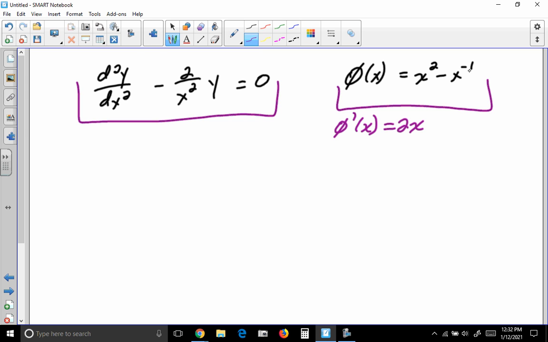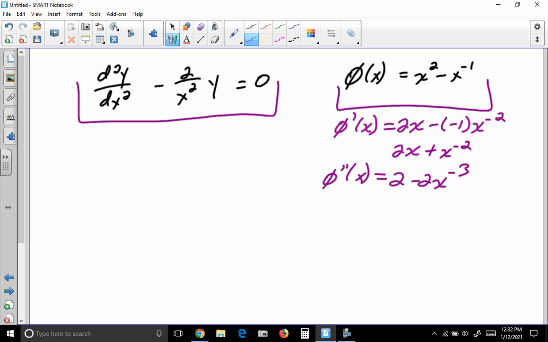If we take the derivative of this, we're going to bring the negative 1 down, so we're going to have minus negative 1 x to the 1 less power. So that's 2x plus x to the negative 2. And now we need the second derivative. So the derivative of 2x is 2. If we bring the minus 2 down, we're going to have minus 2 x to the 1 less power.